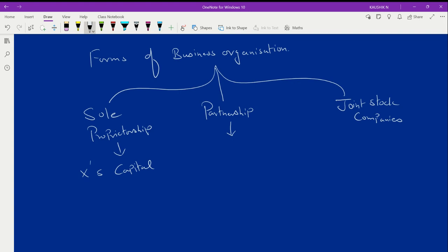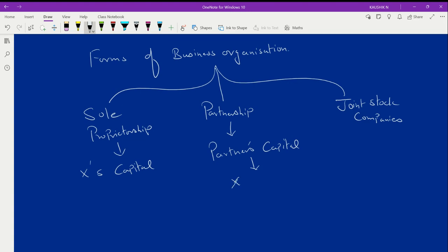But of course, even in partnership, capital is required to run the business. And here we will term the capital as partners' capital. You will have the heading as partners' capital. Under this partners' capital, you will denote who all the partners are.